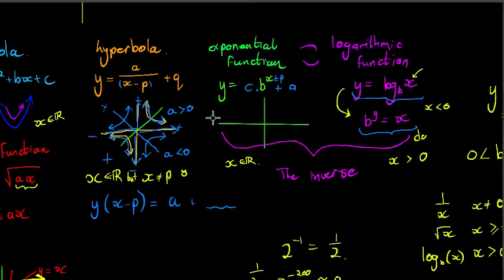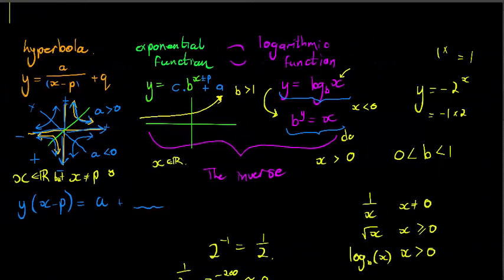So let me show you now the 4 shapes. So it will look like this and go up to infinity. Okay? This is the shape if b is greater than 1. Sorry, I said b can be, and I don't think I finished my word.